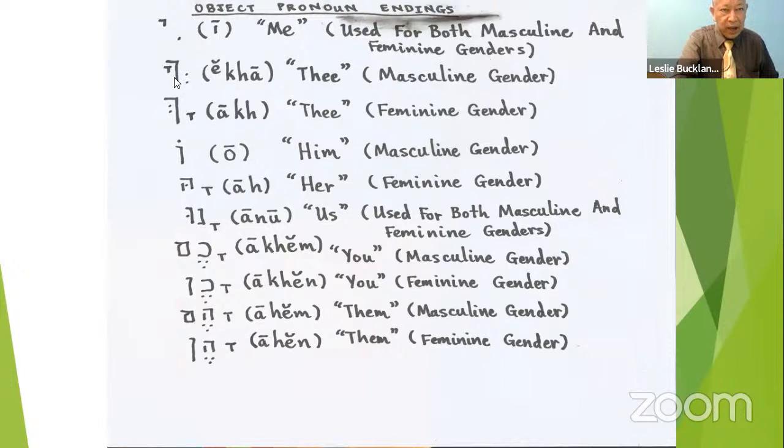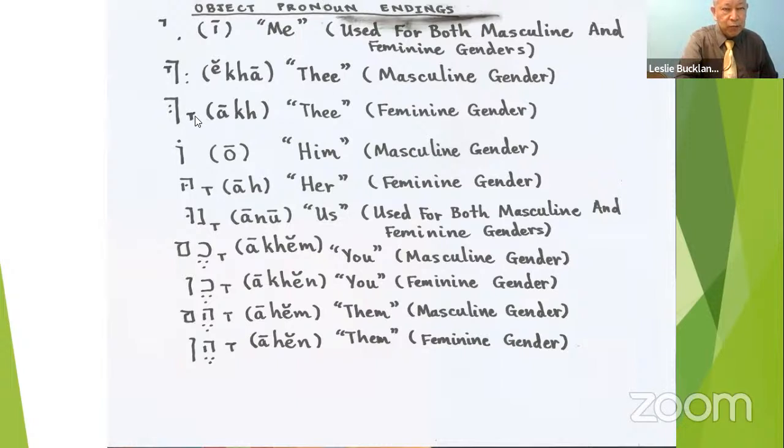You have eka, just like in the possessive pronoun ending, except that when you're translating it, you don't write thy, but you write thee, masculine gender. This is similar also, but it's not identical.